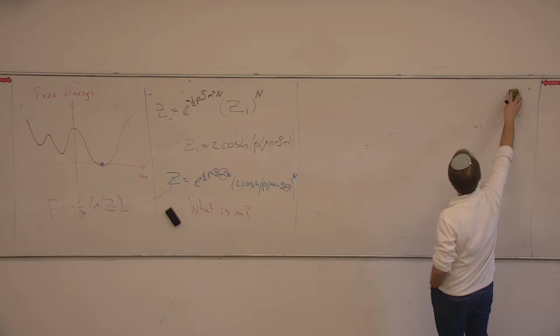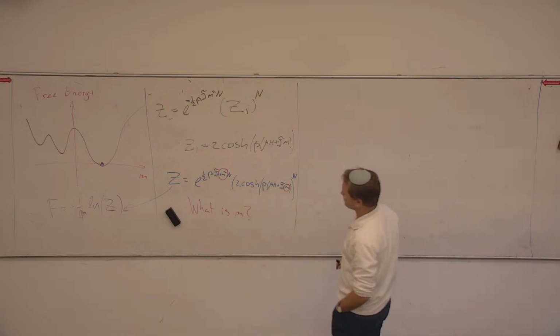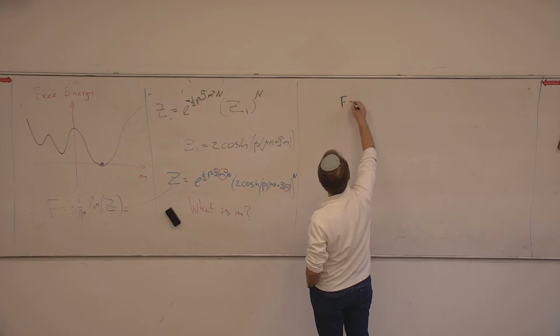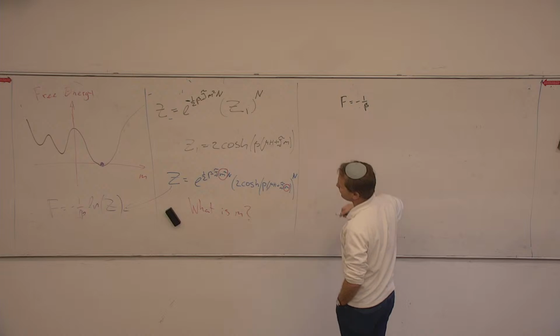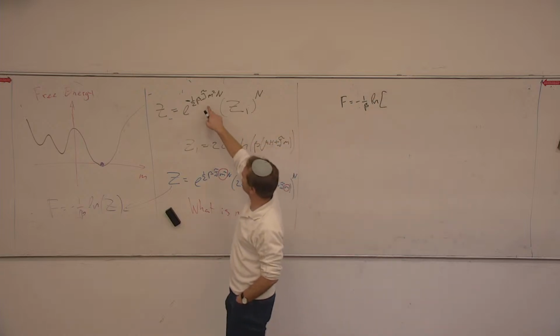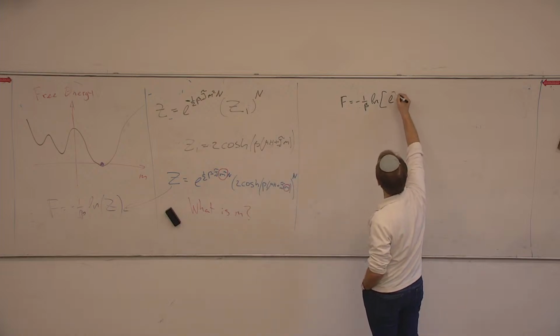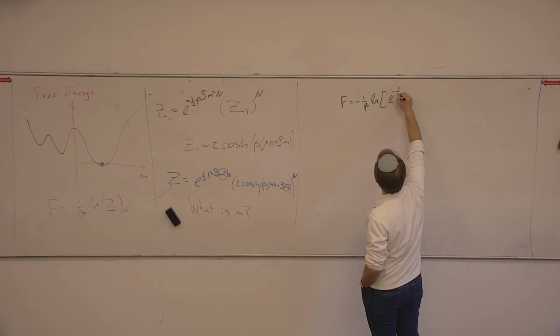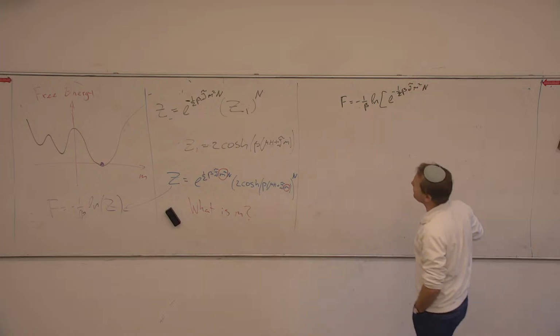Okay. So we are talking f is minus 1 over beta log of what we have inside. We have e to the power minus 1/2 beta j tilde m squared multiplied by n.